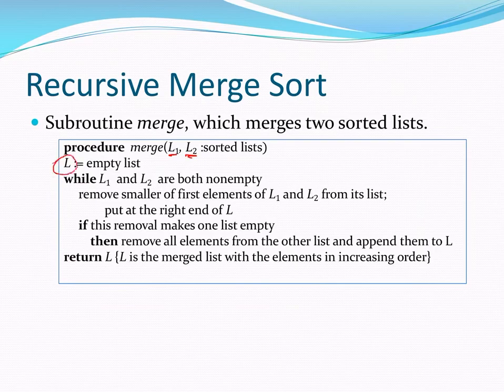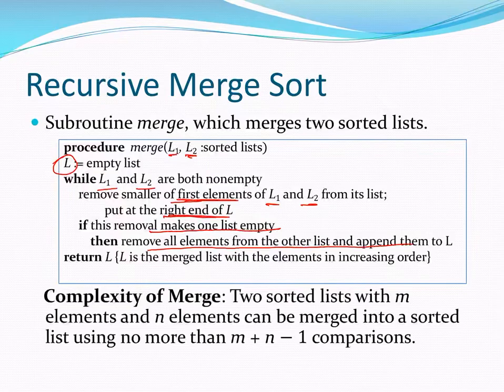I create a new list called L, which is empty, and then I just look at the leftmost entries of L1 and L2, and if they're both not empty, I compare the first elements, and whichever one is lower, I put that on the right end of L. So I'm moving elements from low to high, from L1 and L2, into L. And if removal makes one of the lists empty, since they're sorted, all I have to do is take all the elements from the other list and append them.